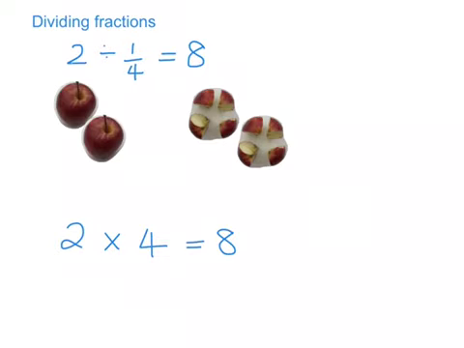And it is quite interesting because the quarter, where the 4 is here as the denominator, but dividing by a fraction is actually exactly the same as multiplying by the reciprocal. The reciprocal of 1/4 is 4/1, or just 4. It's like we've inverted it, we've turned it upside down.